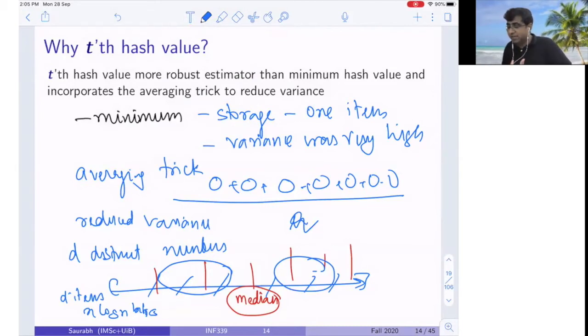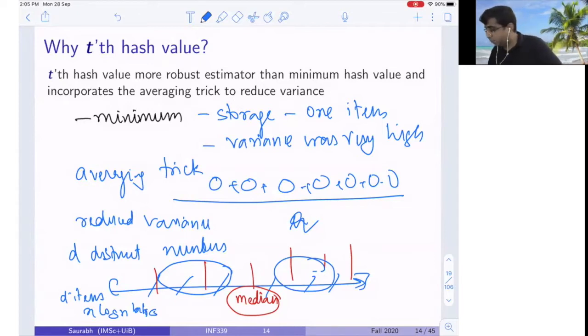So this is basically a threshold between keeping one random variable versus keeping several random variables and giving you one. For example, by returning the t-th hash value, now I'm depending on not one hash random variable, but several random variables, like t of them, right? So for the t-th minimum hash value to go wrong, several of them have to go wrong. So this is a trade-off between storing one versus several.